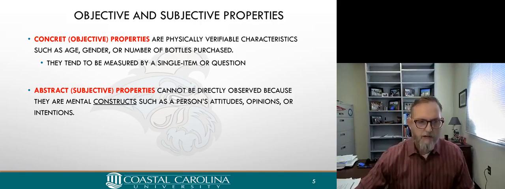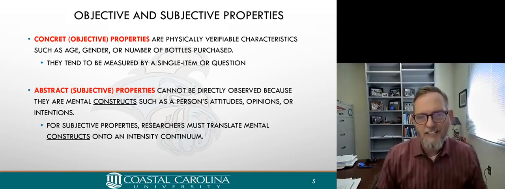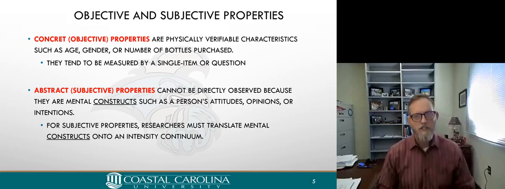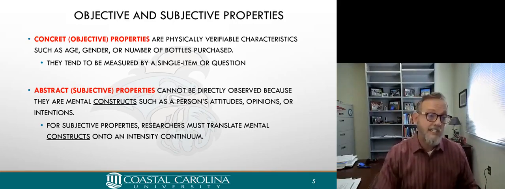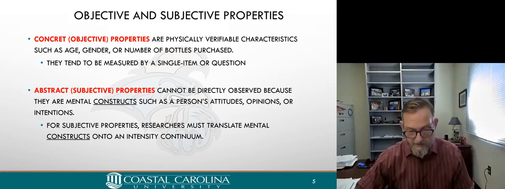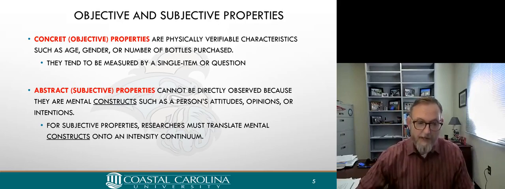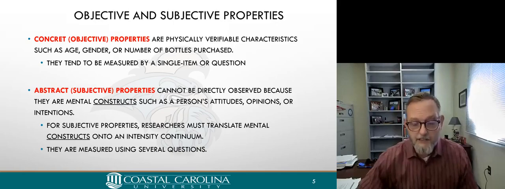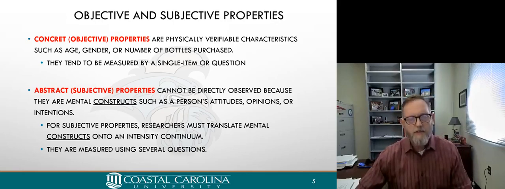Sometimes we can use a single item for these, but oftentimes we have to use something called a construct, which is a set of questions that measure this concept or abstract property that we're trying to understand. Typically we use multiple questions to answer these.